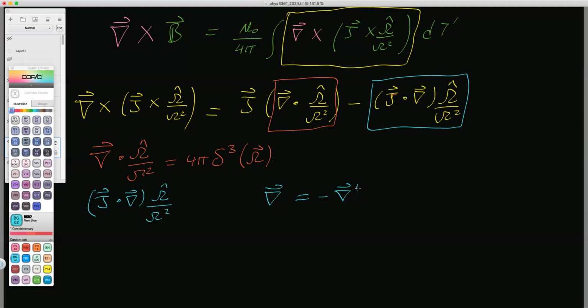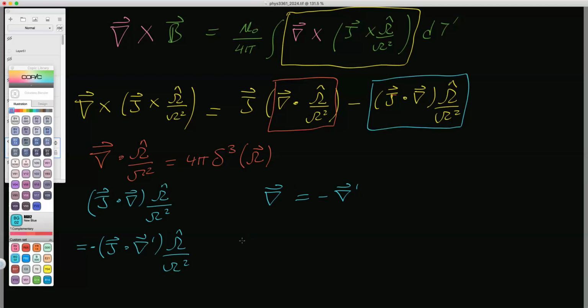So I can replace this as j dot del prime omega hat over omega squared, right? And let's just look at one component. Negative sign, thank you. Okay, and you could probably make this argument without changing to the prime coordinate, but whatever.